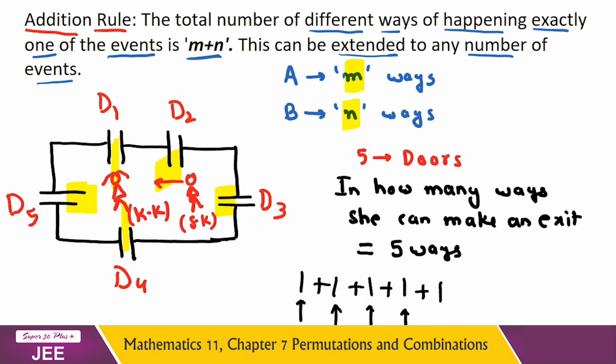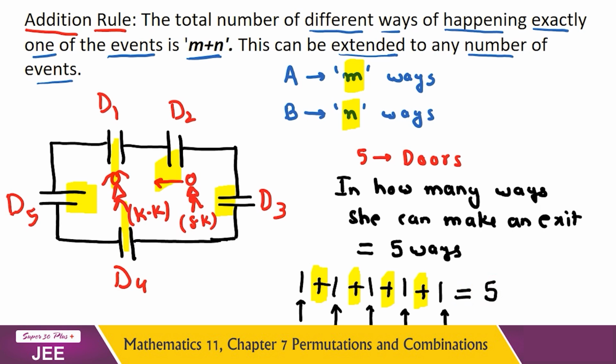This is the total number of ways in which she could make an exit out of door 4, and this is the total number of ways in which she could come out of door 5. And in order to make an exit, she has to choose exactly one of these 5 doors or gates. Alright, so basically I have written the number of options corresponding to each gate, and then I have added them. 1 plus 1 plus 1 plus 1 plus 1, and upon addition I get the answer equal to 5.